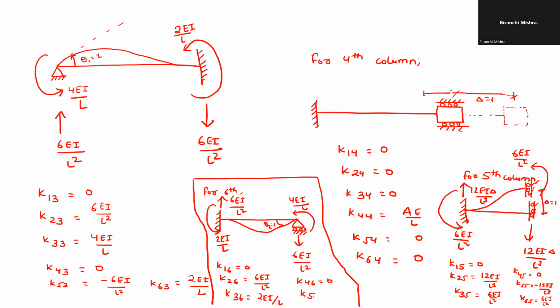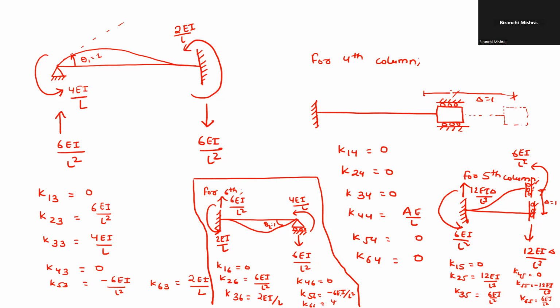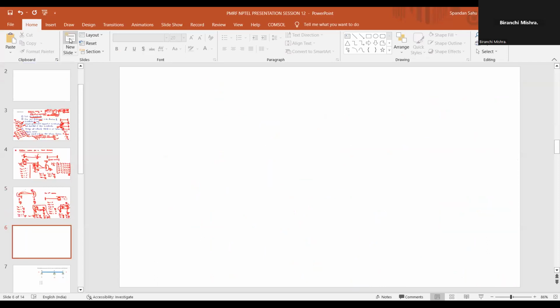K56 will be minus 6EI upon L square. K66 will be 4EI upon L, in the same direction. Now everything is done. We just have to take it into matrix form.